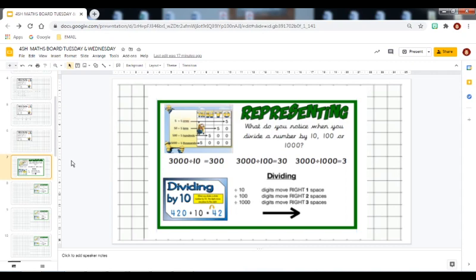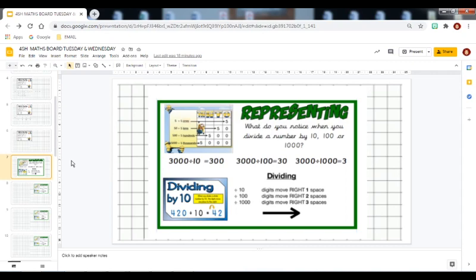We used the place value grid, and we taught you that if you're multiplying by 10, you move your digits one space to the left. When you are multiplying by 100, you move your digits 2 spaces to the left. When you multiply by 1000, you move your digits 3 spaces to the left.